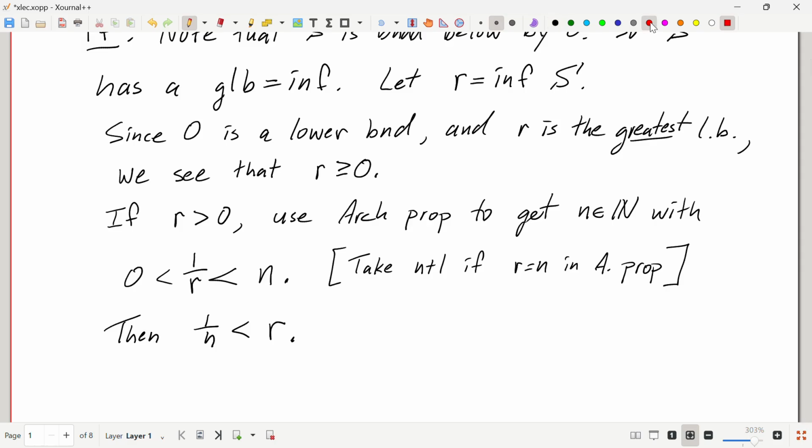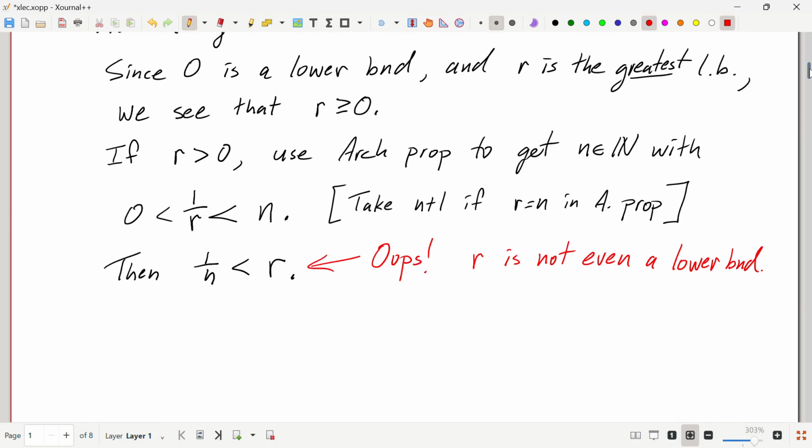So that would be a contradiction. r is not even a lower bound, let alone the greatest lower bound. r is not a lower bound, and so that's a contradiction.